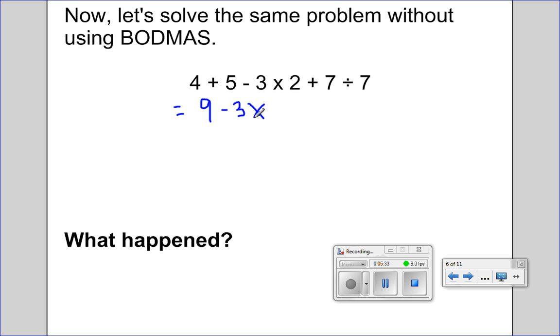Okay, and I'll just rewrite the rest of the problem. Okay, 9 minus 3 equals 6.